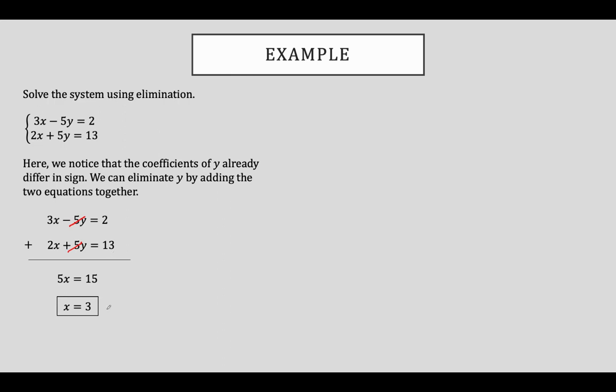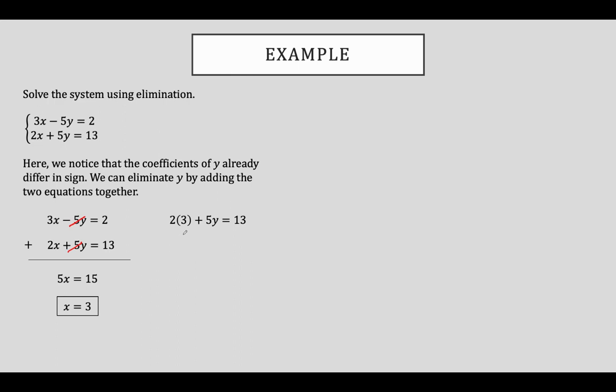Now that we have solved for one variable, we can back substitute it into either one of these first two equations to solve for the second variable. It doesn't matter which one you choose, pick whichever one is easiest for you. Here I decided to plug it into our second equation. 2 times 3 plus 5y is equal to 13. 2 times 3 is 6.